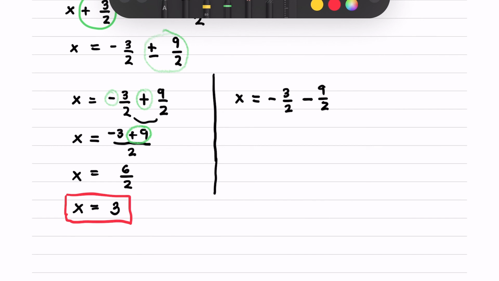So, next is sa kabila tayo. We have x equals, similar fraction tayo. So, meron tayong similar na denominator. And then, we have negative 3 minus 9. Since similar sign sila, like sign sila, so we need to add. So, 3 at saka 9, that is 12. So, 3 plus 9, 12.